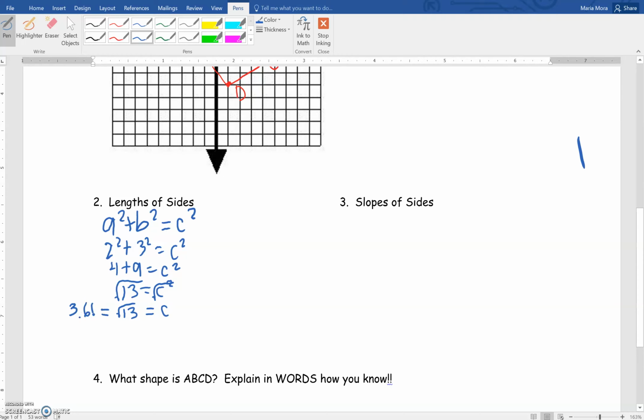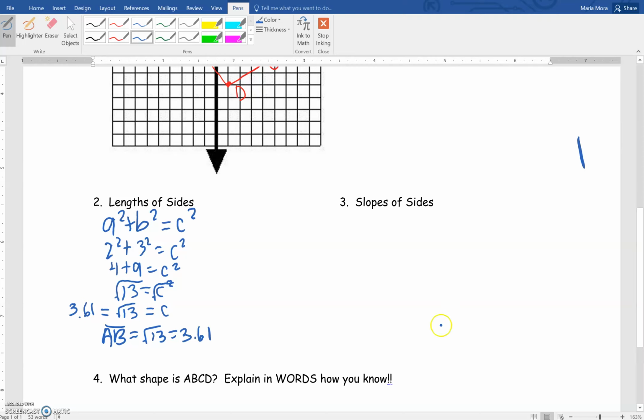We are approximating. Okay, so we found the distance of AB. So line segment AB measures square root of 13, which is the same thing as 3.61. I do like decimals though because it gives you a better idea of what kind of numbers we're looking at. You obviously can't have a huge number because in this case it would not make sense.